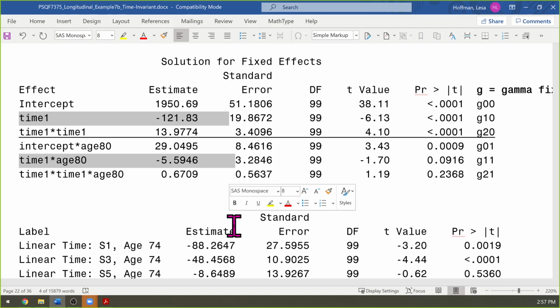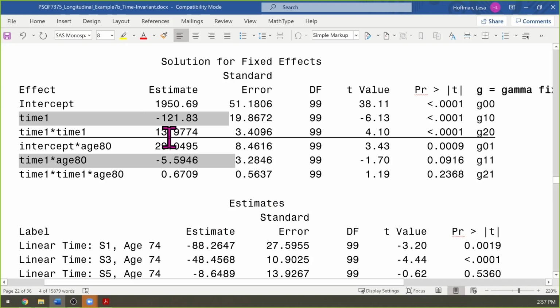In older people, what happens to it? Yeah, I'll take gestures. Yeah, steeper, more negative, stronger, steeper, more negative. Any of those words work. Yeah, this minus 121 becomes more negative by 5 milliseconds per year of age.